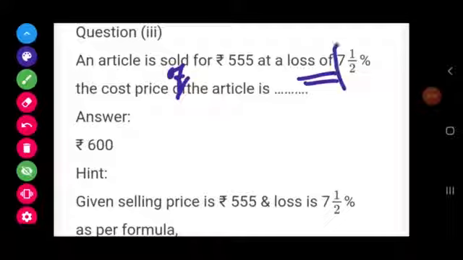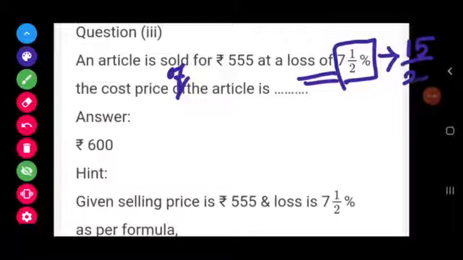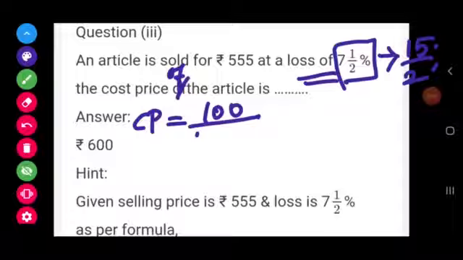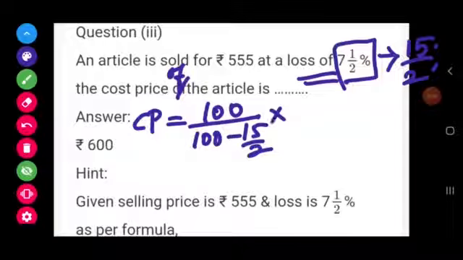So here it is in mixed fraction, we have to change into the improper fraction. It will be 7 2s are 14 plus 1, 15/2%. Now we know the formula: CP equals 100 divided by 100 minus loss percentage 15/2, into SP.